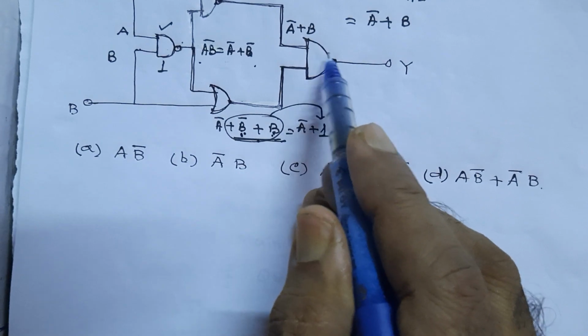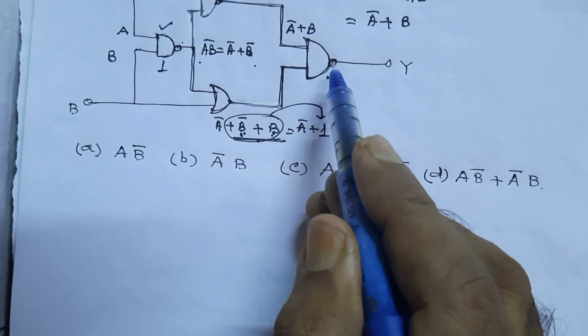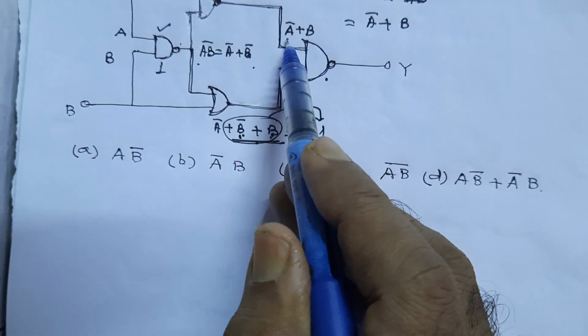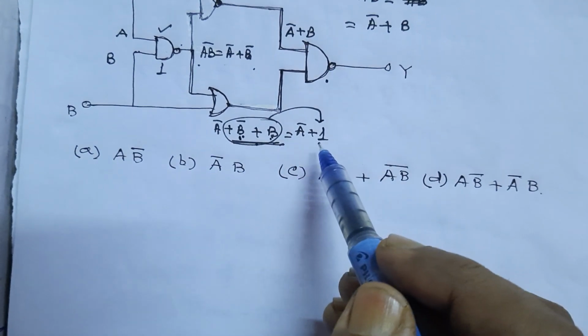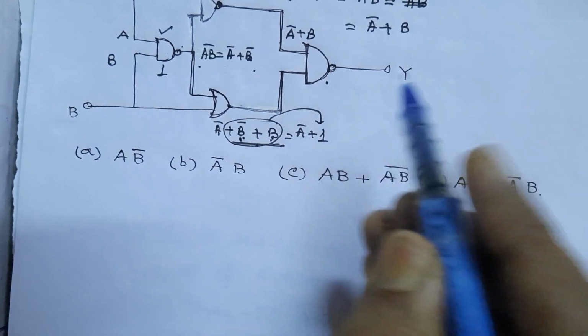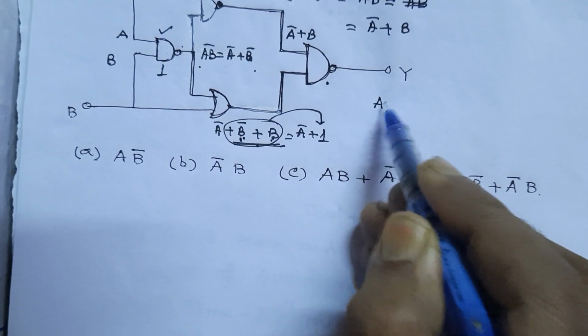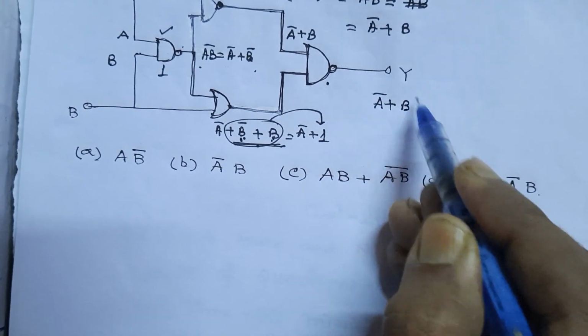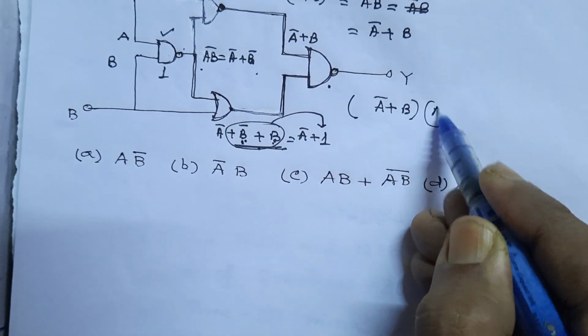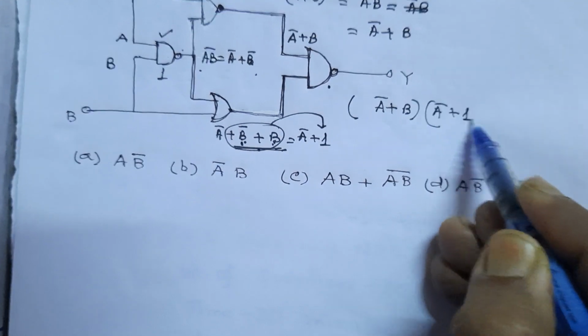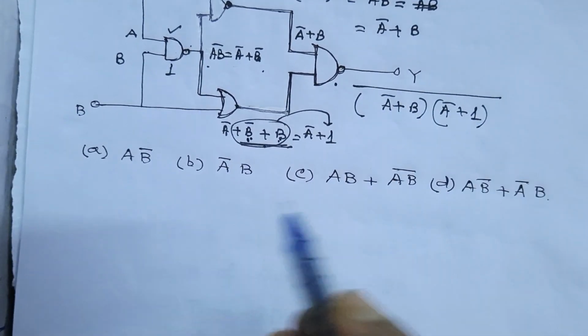Now, ultimately, we find one of the NAND gate having two inputs as A inverse plus B and A inverse plus 1. So Y should be (A inverse plus B) into (A inverse plus 1) whole inverse.